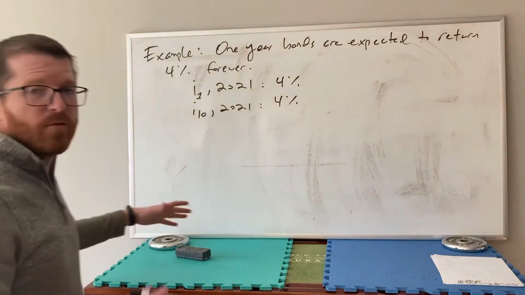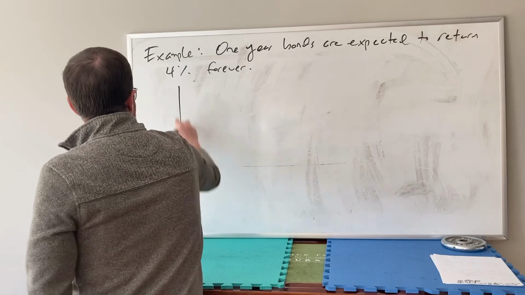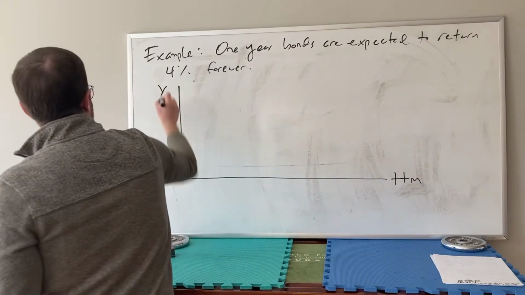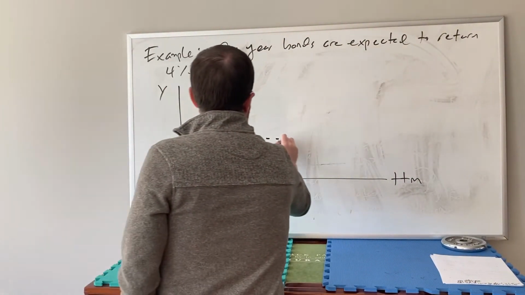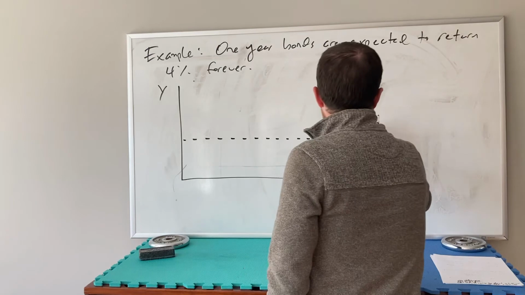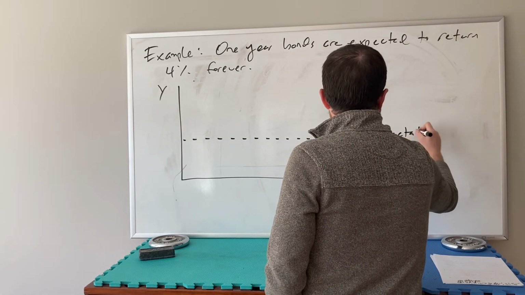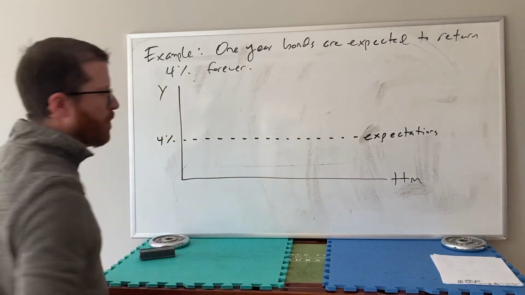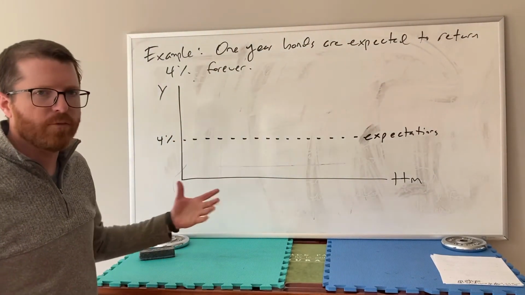Now let's consider risk in this, okay? So if we draw our little yield curve here, time to maturity, the yield up here on the y-axis, okay? This is that 4% return that would be anticipated by the expectations theory. If everyone expects bonds to return 4% in the future, then we would expect that the length of all bonds would be 4%.